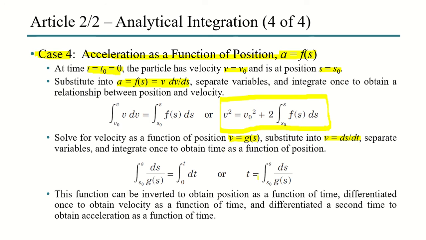So we got the time equal to the integral of ds over g of s. Class, this is just integral, so I will not give the details on this; it's assumed that you have passed your integral calculus. This function can be inverted to obtain position as a function of time, differentiated once to obtain velocity as a function of time, and differentiated a second time to obtain acceleration as a function of time.